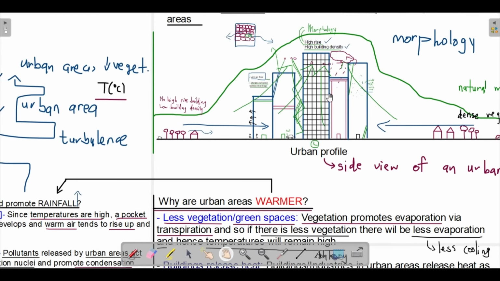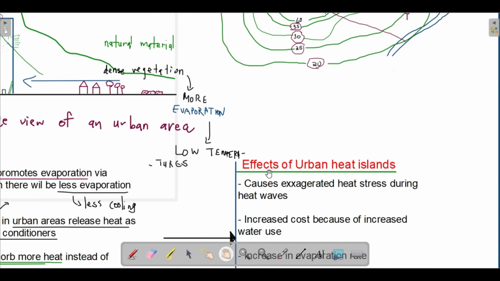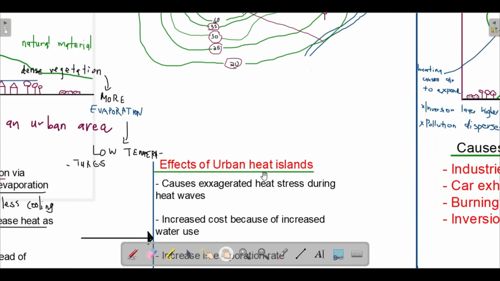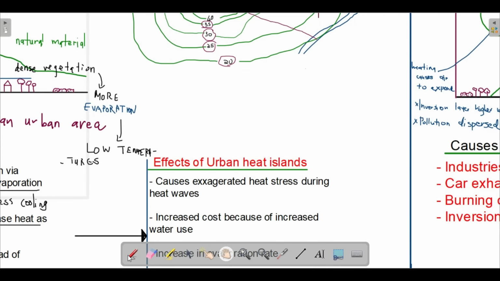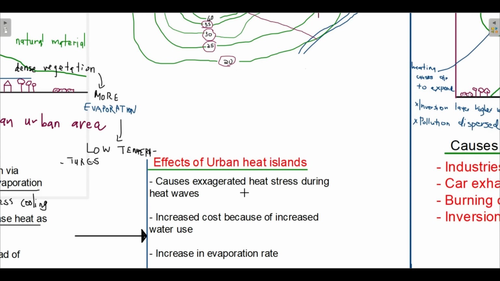Okay, so you have to think of this in both ways, right? What about the effects of urban heat islands? First of all, urban heat island causes exaggerated heat stress. It can even cause death as well during heat waves.